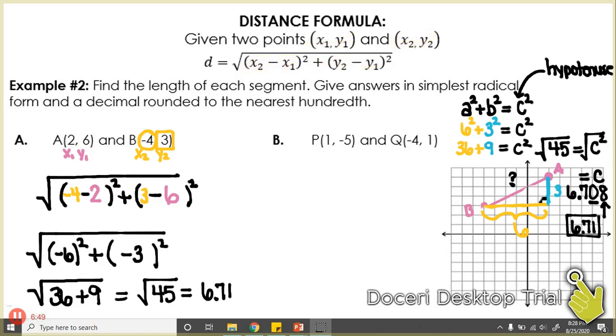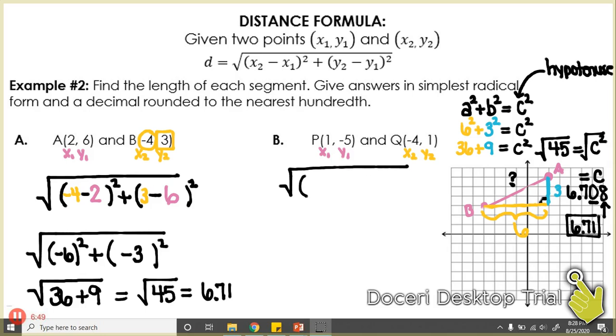So we're going to try one without drawing it out. So I'm going to name my first point x1, y1. And I'm going to name my second point x2, y2. And we always have the square roots.